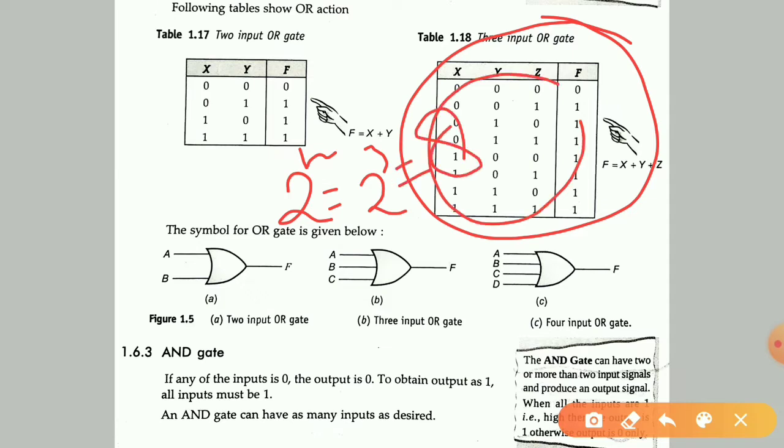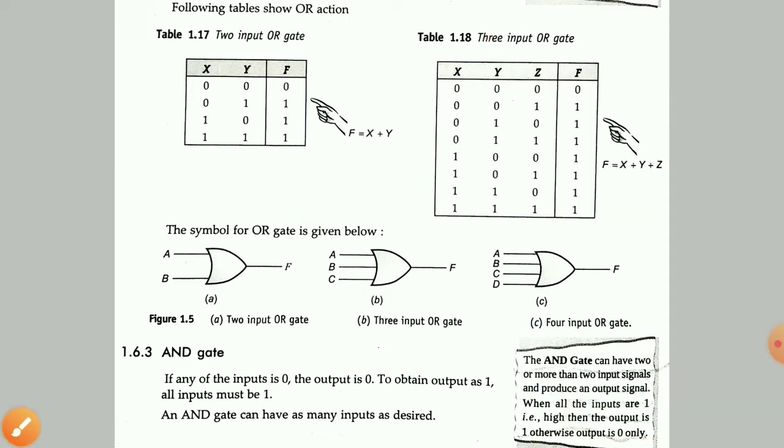You can see 8 combinations here. Z goes 0 1 0 1, Y goes 0 0 1 1 0 0 1 1, and X is 4 times 0 and 4 times 1. These are the binary combinations of the decimal numbers 0, 1, 2, 3, 4, 5, 6 and 7. Clear?